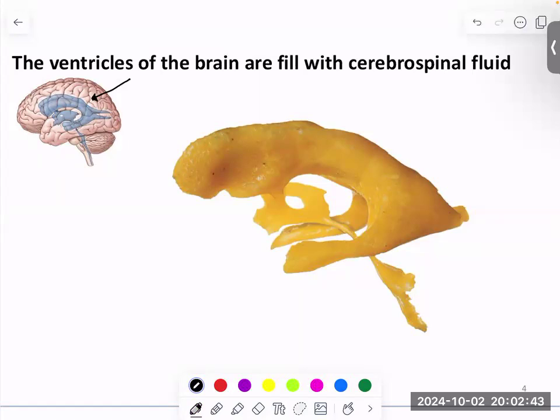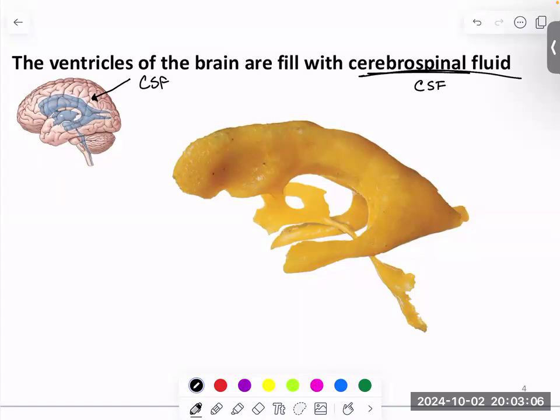It is filled with cerebrospinal fluid. That supplies the internal parts of the brain with cerebrospinal fluid, so the brain can do its normal functions. It needs the nutrients, the water, and the ions to stay alive.